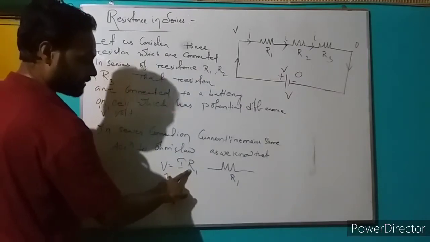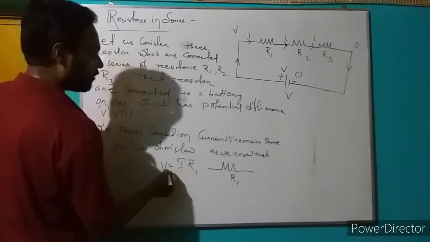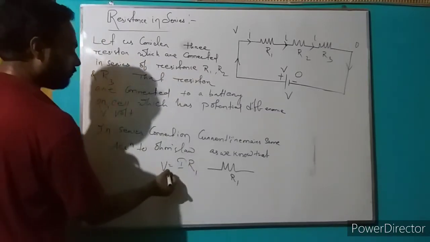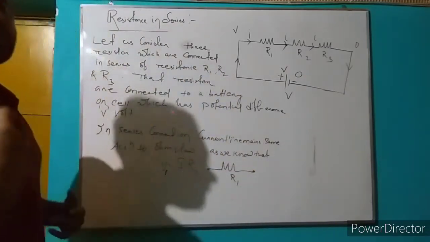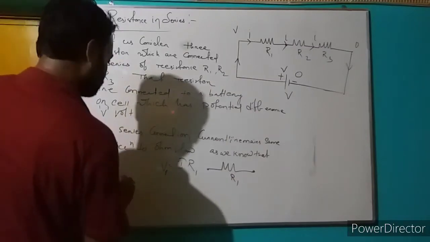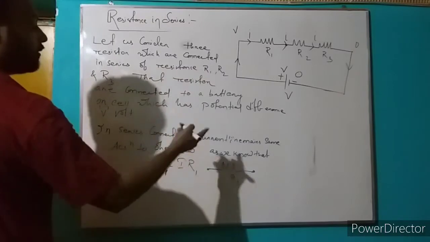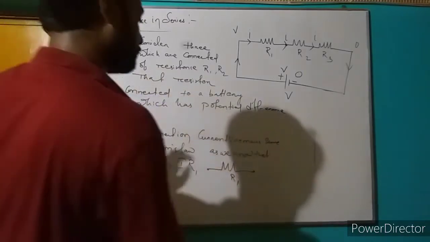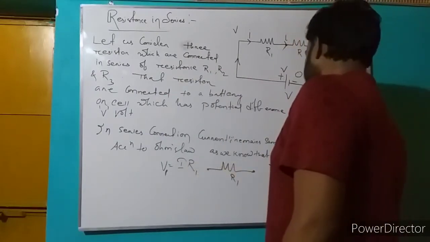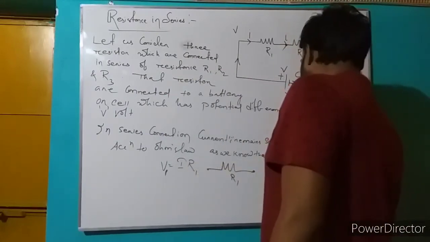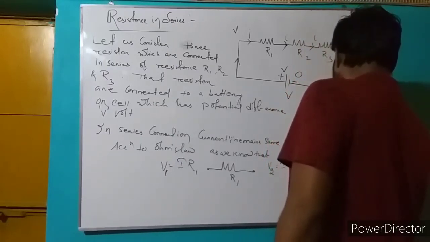Due to change of resistance, voltage also changes, so across each resistor the potential difference changes. According to Ohm's law, V1 equal to IR1, similarly V2 equal to IR2 and V3 equal to IR3.